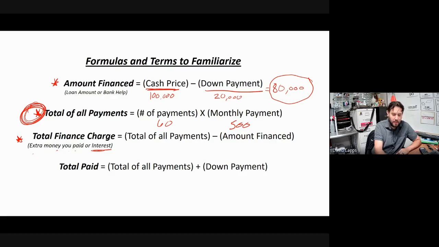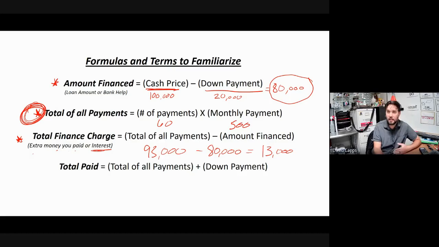So let's say my total of all payments was $93,000. I calculated it is $93,000 minus the amount financed. So let's say I was financing that $80,000. Then this is how much the bank charged me for the finances. So they charged me $13,000 in finance charge.